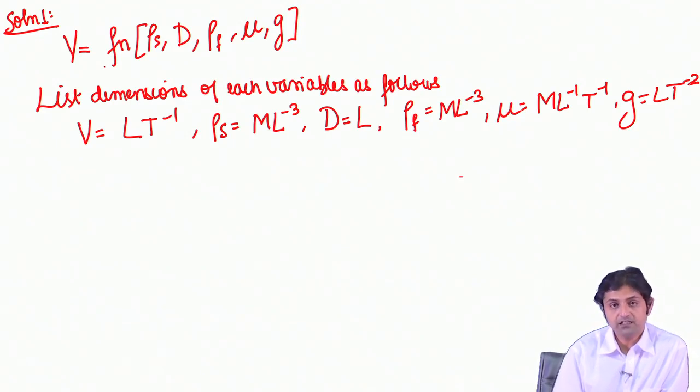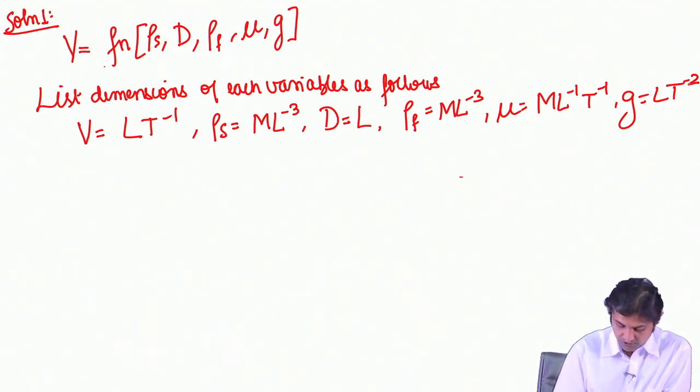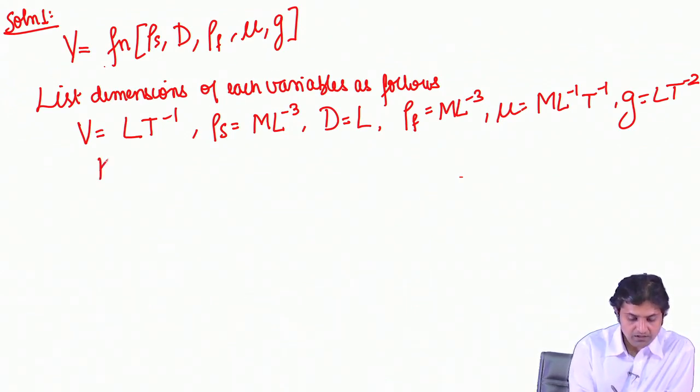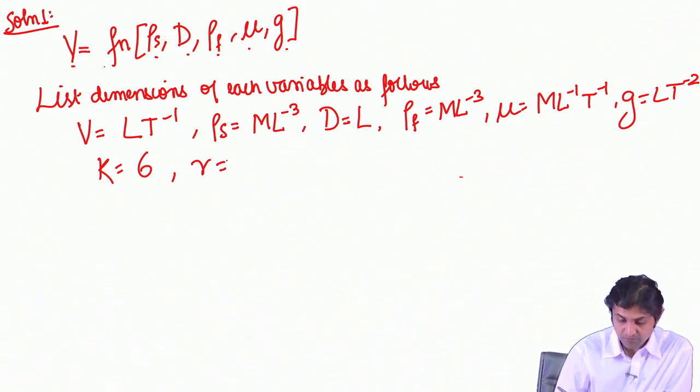So, we have listed the dimensions of each variable as follows. So, k is 1, 2, 3, 4, 5, 6. So, k is 6.